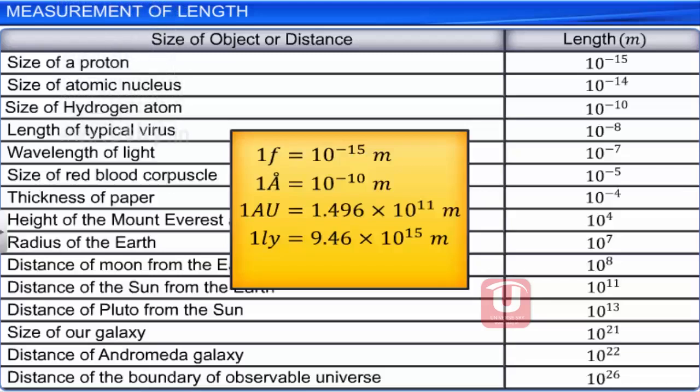A light year is the distance that light travels with velocity of 3 into 10 to the power 8 meter per second in 1 year. Parsec, denoted by small letters pc, which is equal to 3.08 into 10 to the power 16 meter.